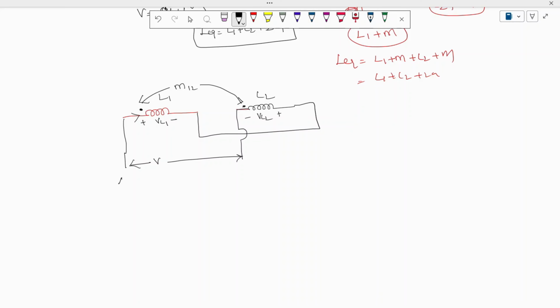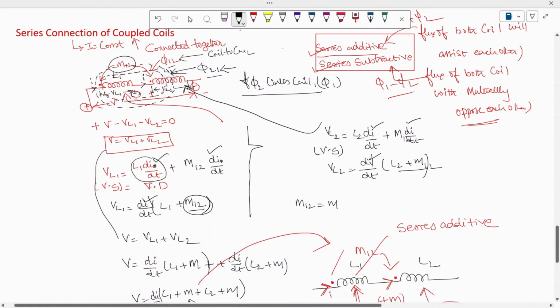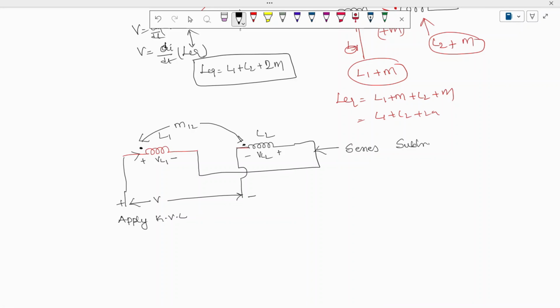Initially let us try to apply Kirchhoff's voltage law. This is the positive terminal, negative terminal. Now I can say that these two are in series subtractive; the fluxes will oppose each other. Why will they oppose each other?